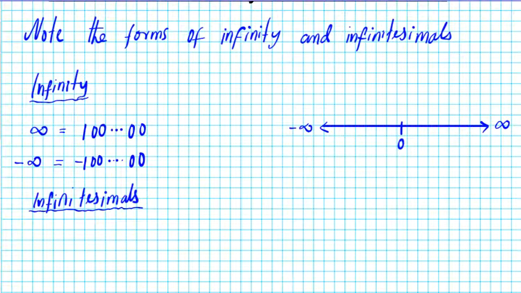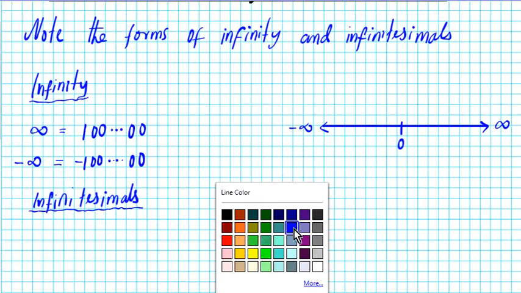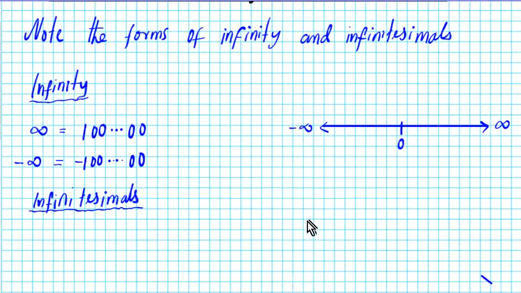Okay? To give you a visual perspective on this, let's put it on a number line. So if you have a number line, now if you want to get really, really small, what you're going to be doing is getting arbitrarily close to 0. Okay? So you can approach 0 from the left, or you can approach 0 from the right.